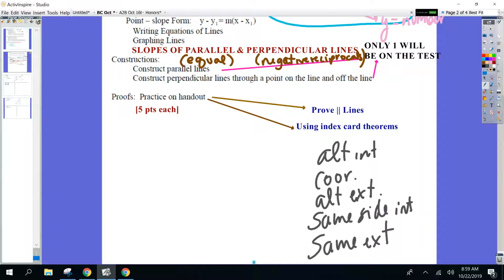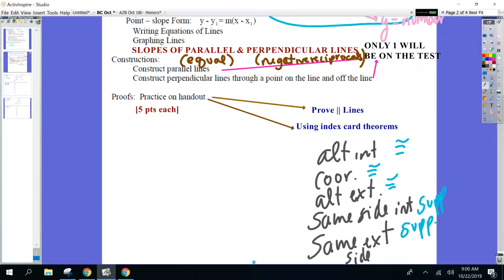Let me go down this list right now. Alternate interior, what's the fact about them? Congruent. Corresponding, alternate exterior, same side interior, and same side exterior. I go over these with you because if you are going to prove lines parallel, you need one of these 5 to exist.